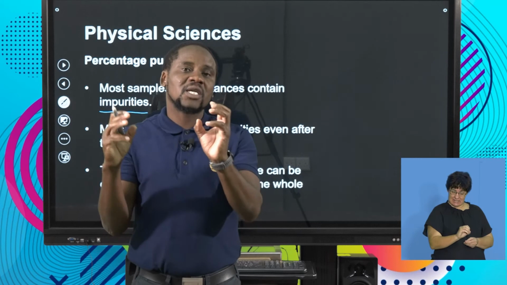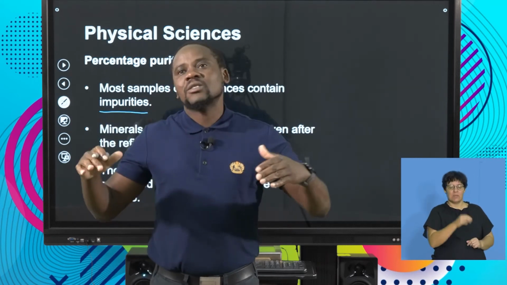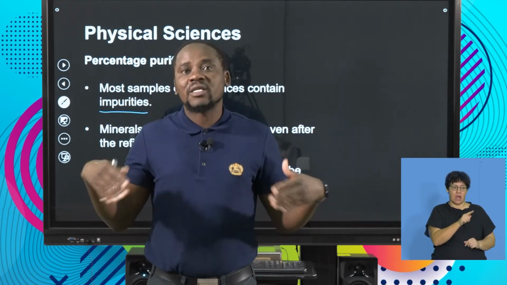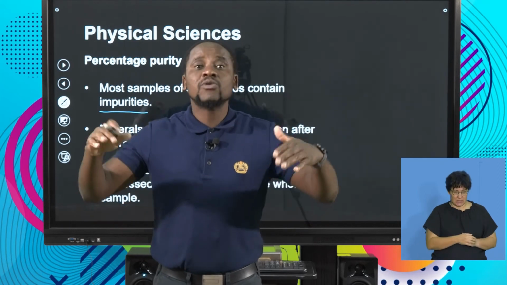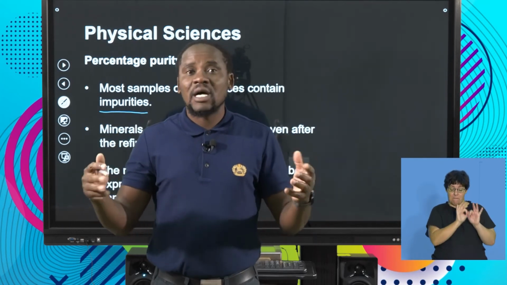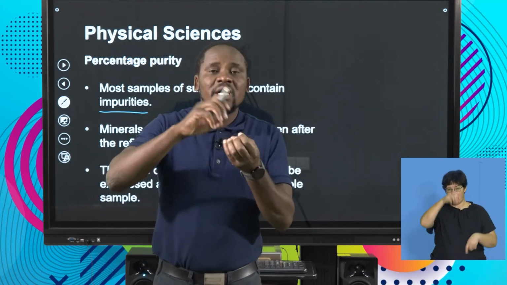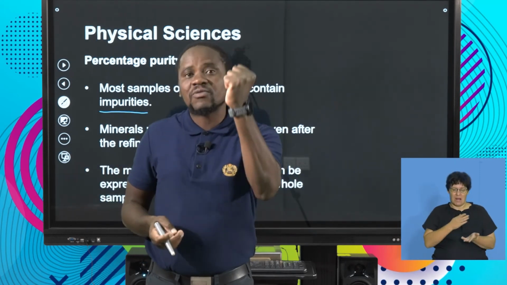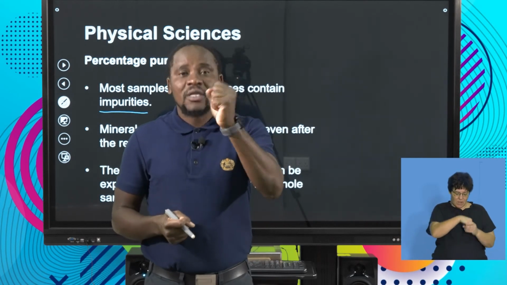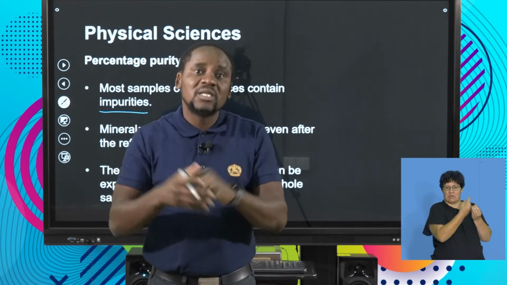As a result, we'll say that this substance is impure. This could be in the example of mineral ores. When you purify minerals, especially in the mining sector, they try to get rid of the impurities so that at the end of the day, we remain with the actual substance without these impurities.